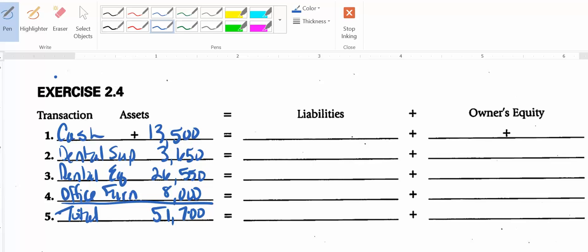Okay, now let's look at liabilities. Number 1 and number 4 started with the word owes, and we talked about those being a liability, companies that we owe money to. So in the balance sheet, we don't list them individually, we group them together, and so all of our accounts payable are just listed as one number. So in the liabilities, we're going to put accounts payable.